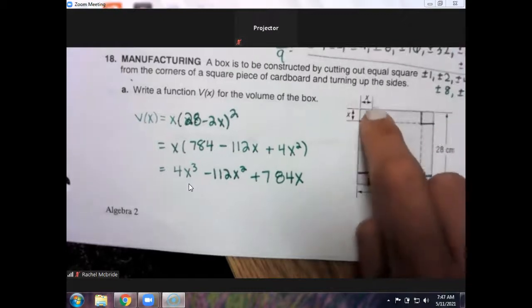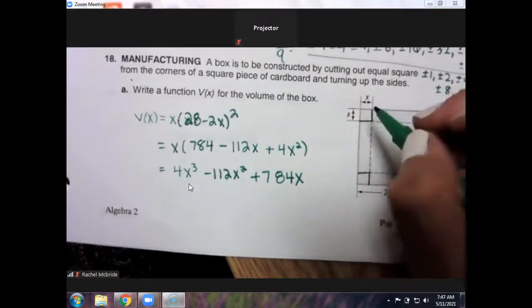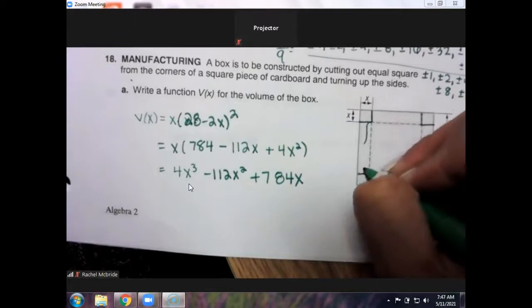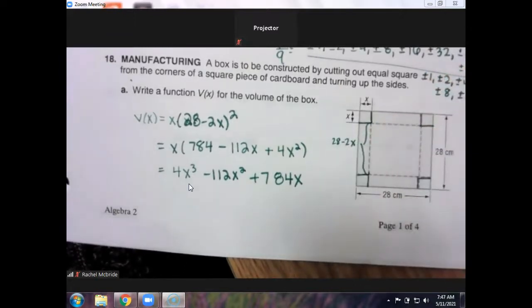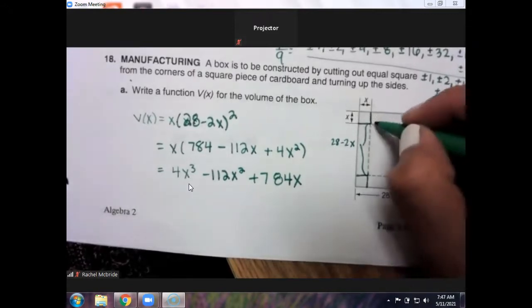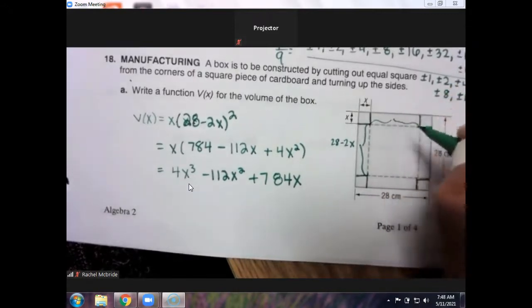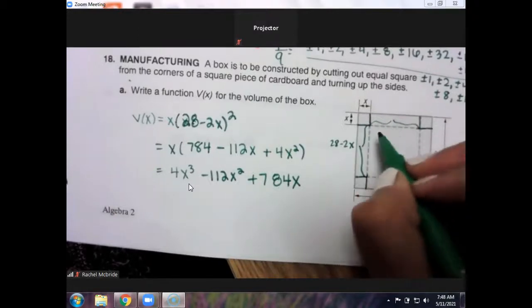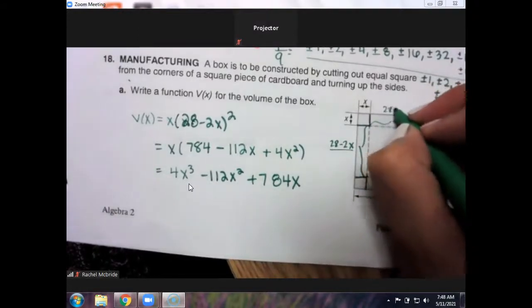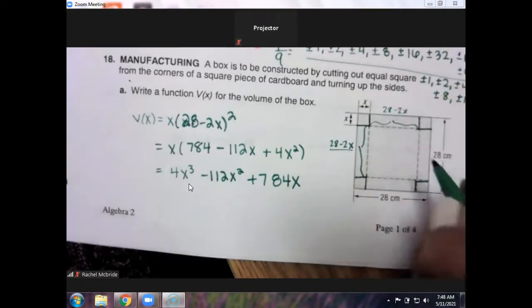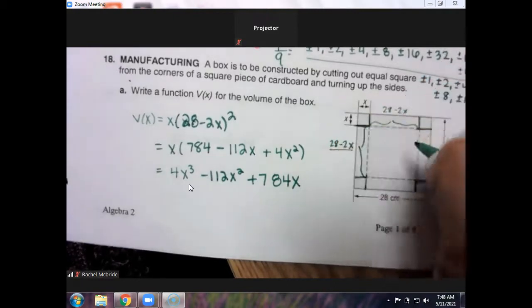So you cut out your corners, and that gave you that this length here was 28 minus 2x, which meant that that was this length here. So your height, length, and width were represented by 28 minus 2x, 28 minus 2x, and then a height of x.